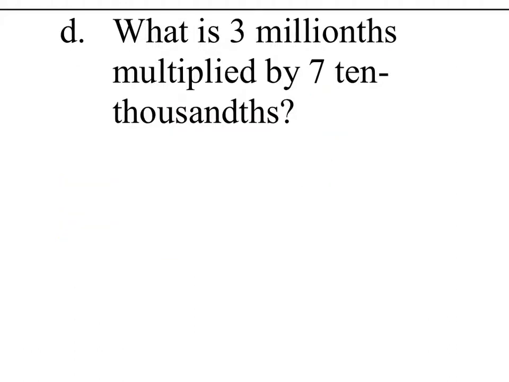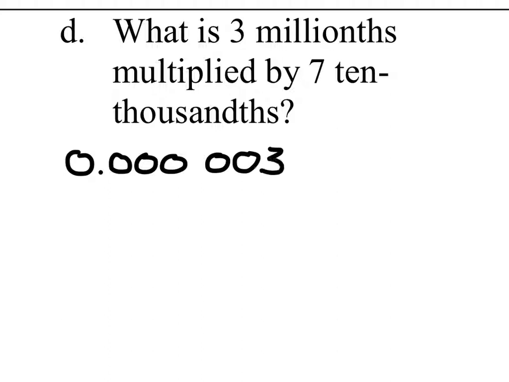What is 3 millionths multiplied by 7 ten-thousandths? Let's look at the decimals. 3 millionths would be 0.000003, so we got 3 of those millionths.